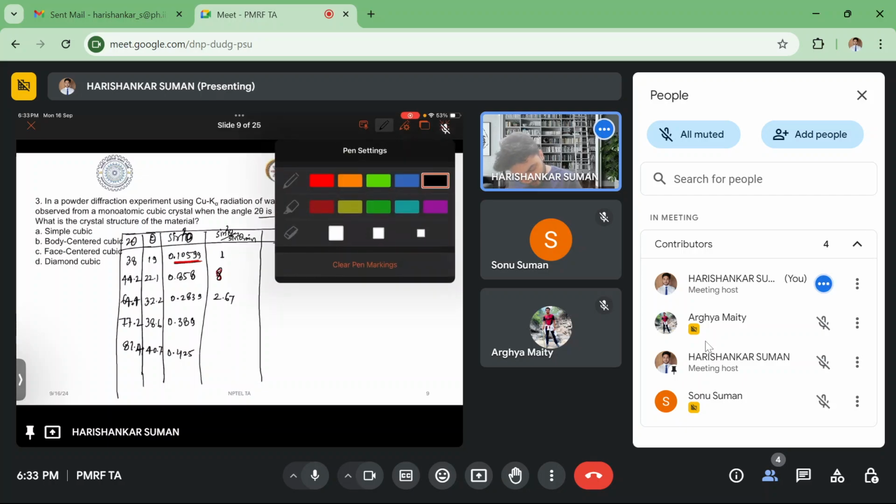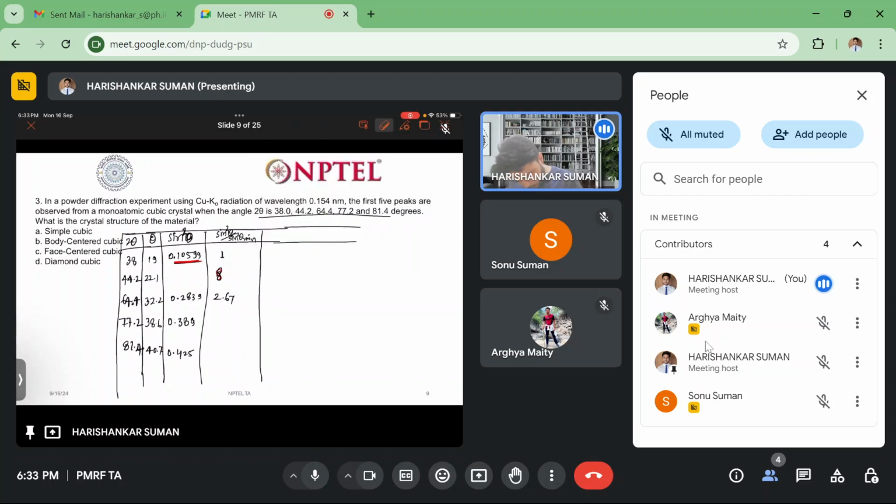Okay, so this is a wrong number. This would be 0.415. So this will be 1.33, and 0.389 divided by 0.005.